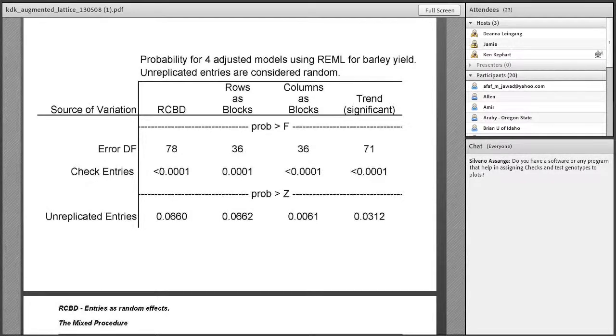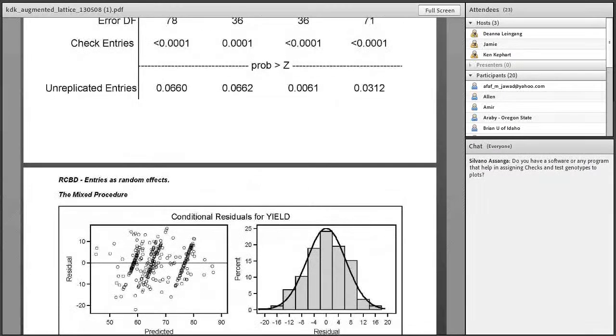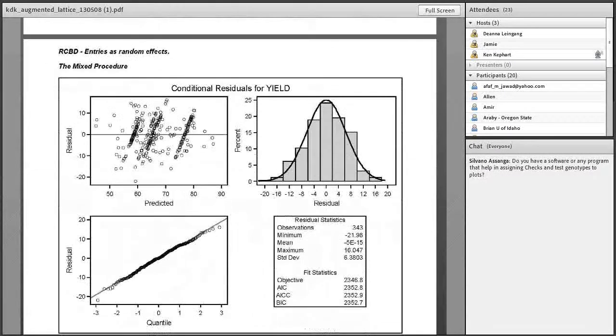So we wound up with just one component, the linear effect of columns within rep, and that resulted in this relative efficiency here, which numerically is less, but basically we don't see any change from the reduced model. So we're not penalized by going with the reduced model or the single significant factor there.